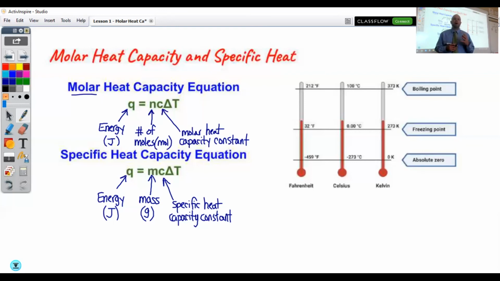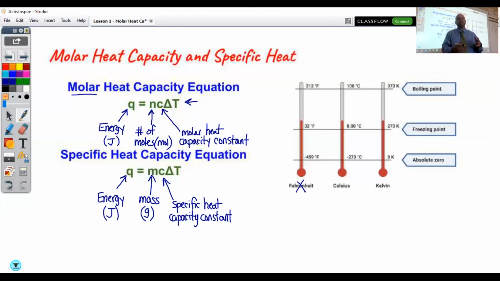Let's take a look at our thermometers on the side. If you notice, we have three different scales here: Fahrenheit, Celsius, and Kelvin. I'm going to ignore the Fahrenheit thermometer for today. Instead, what I want to focus on is the Celsius and Kelvin temperatures. Now, if you look back at our equation, we didn't talk about our last term, but our last term is delta T. Now, in math and science, delta means change in.